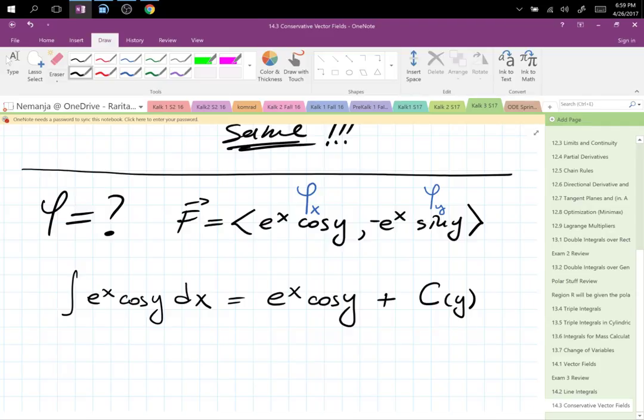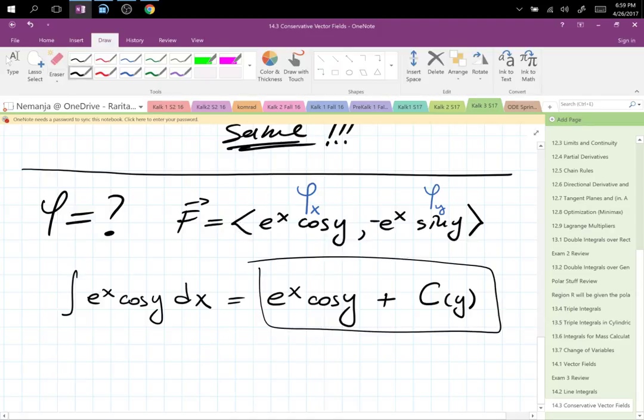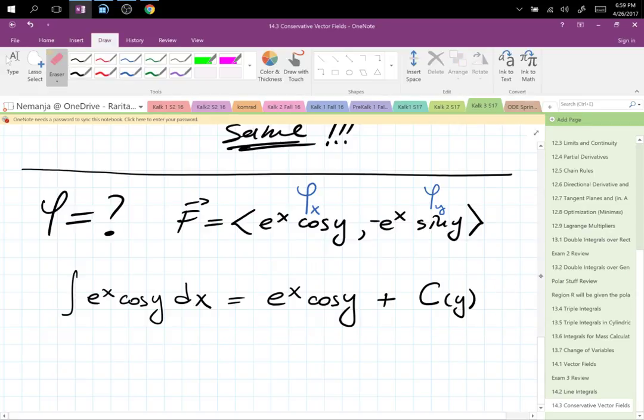Cool. Now, this is already a stage 1 answer. This is already phi, because I took the partial derivative and integrated it. But I have that c of y there. So I can do better, right? So what I'm going to do now is put this over here.